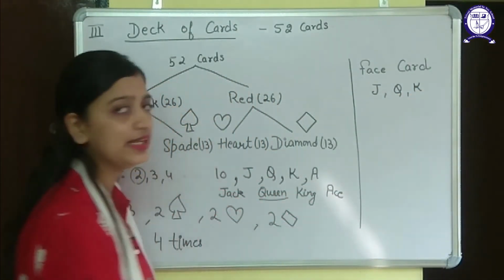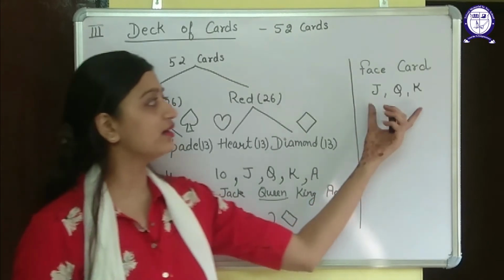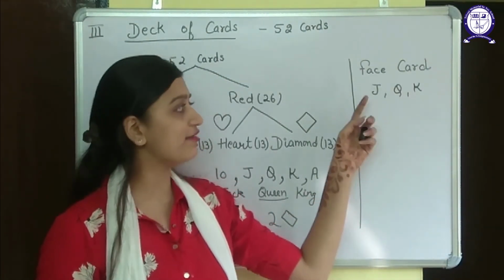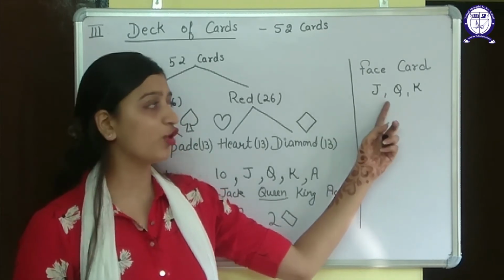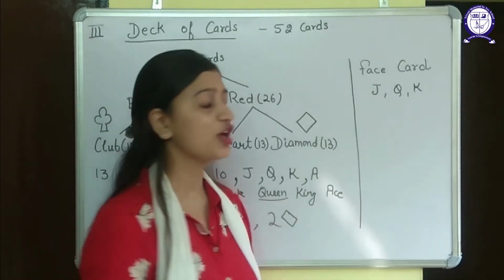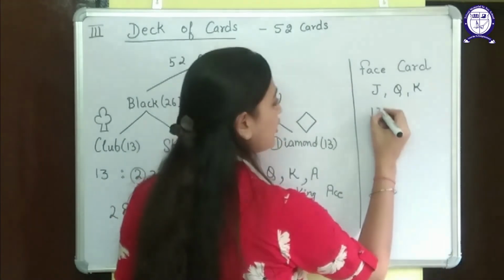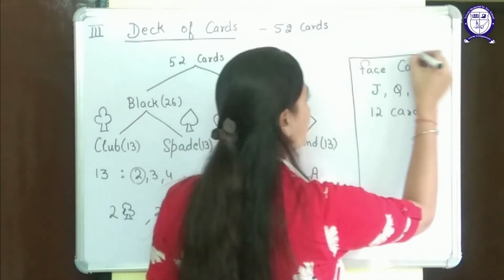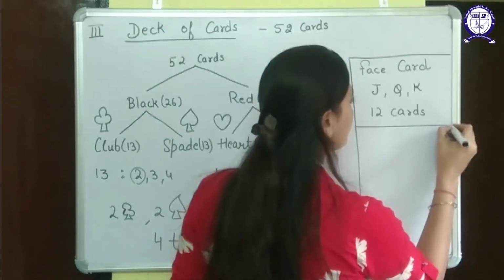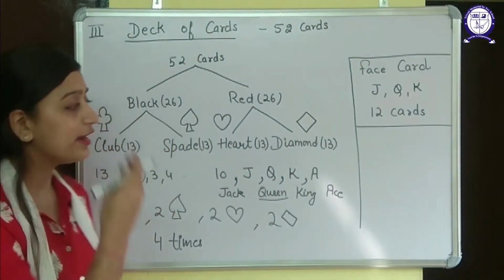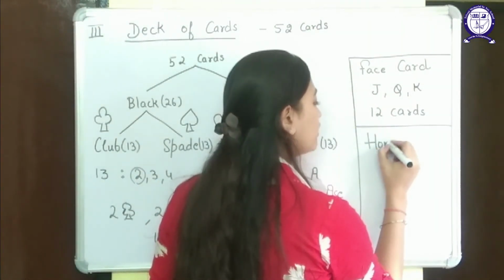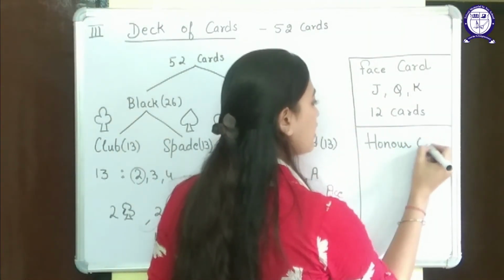Only these 3 cards are face cards, but each card is repeated 4 times. So I will have 4 jacks, 4 queens, and 4 kings. So in total I will have 12 face cards. Now after that there is one more category, that is honor card.